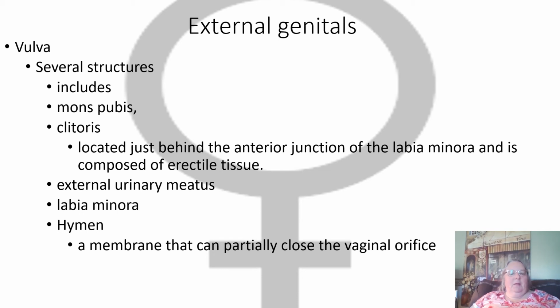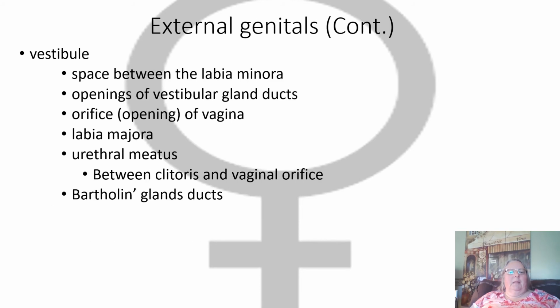And the hymen is a membrane that can partially close the vaginal orifice. Now this is a continuation of the external genitalia.